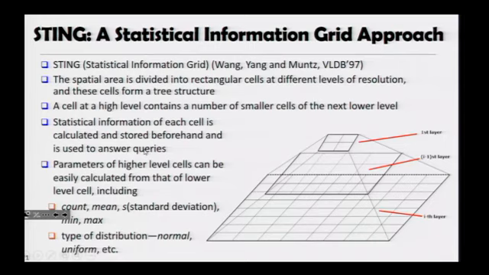First, what is STING? It is the statistical information grid approach. The idea is pretty straightforward. Let's say you have a spatial area, and you divide it into rectangle cells at different levels of resolution.